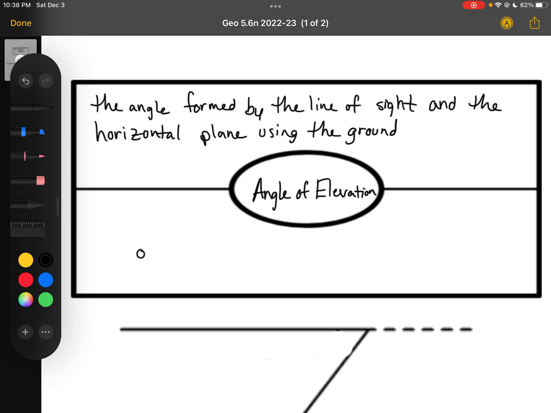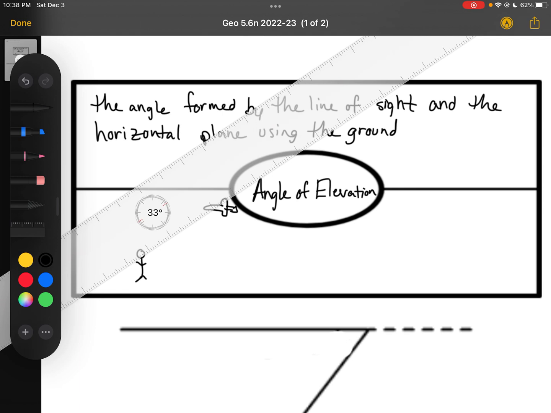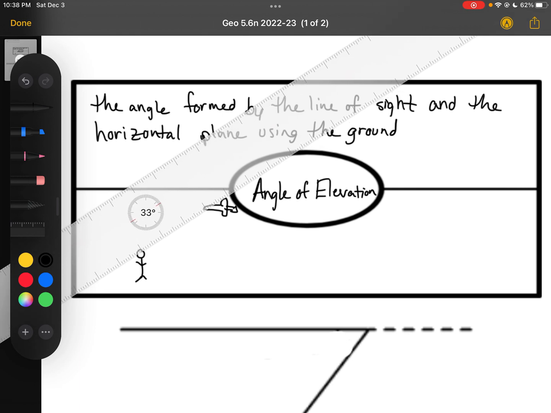So the example of this is if you are standing somewhere and you are looking up at an object. Let's say you look up at the sky and you see an airplane, which is a classic example. So there is the most beautiful airplane you have ever seen right there. What this means is your eye is looking at the front of this airplane.